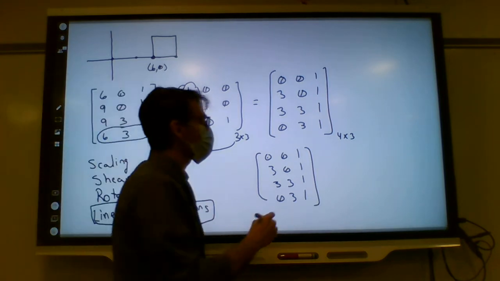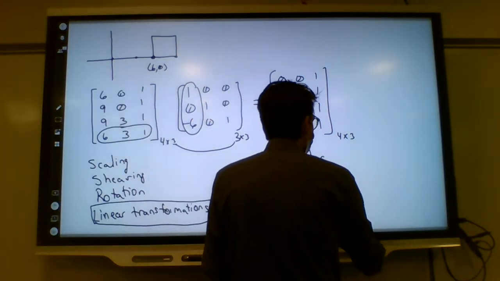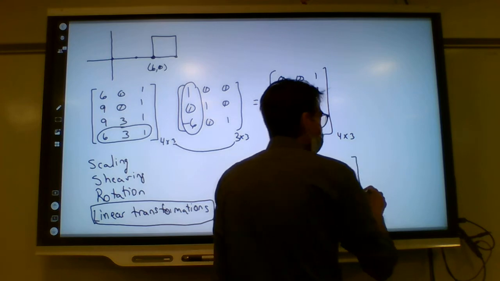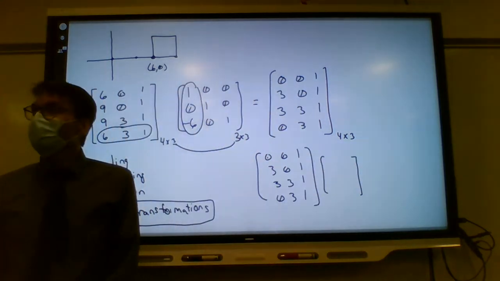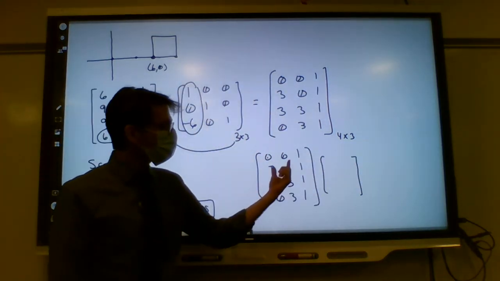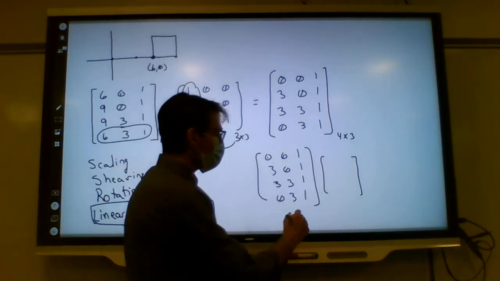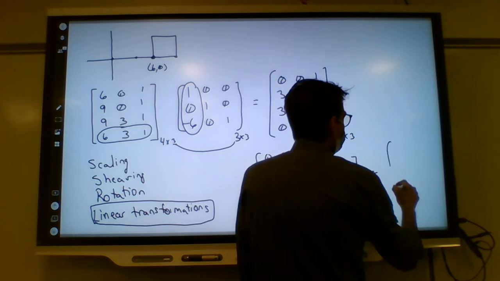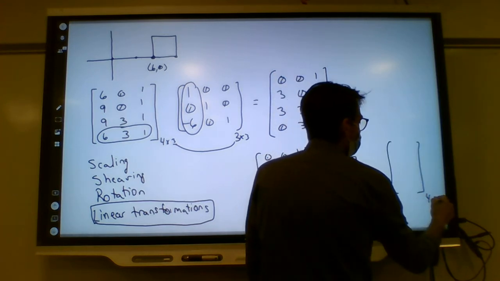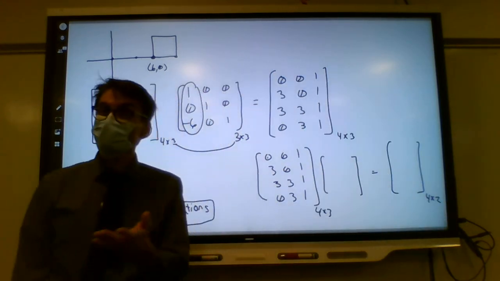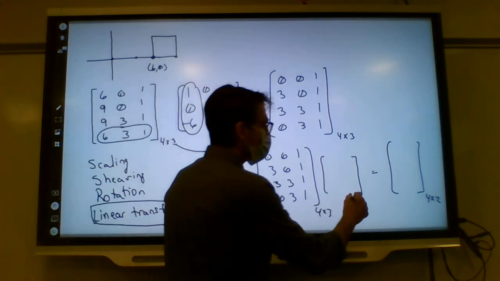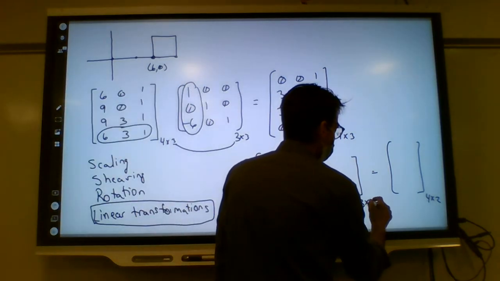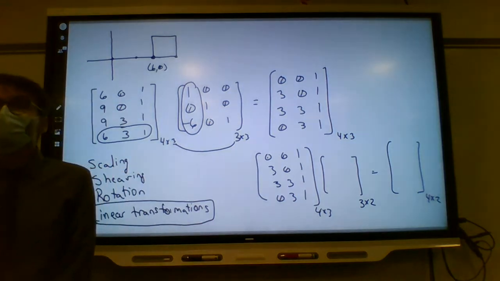So what matrix do we need to multiply by in order to get back to, and so we said we're trying to drop the last column. So we have a 4 by 3 right here, and we want a 4 by 2 answer. So we need to multiply by a 3 by 2.